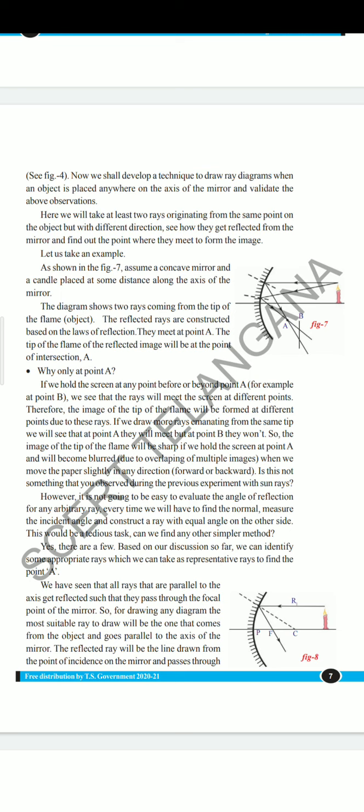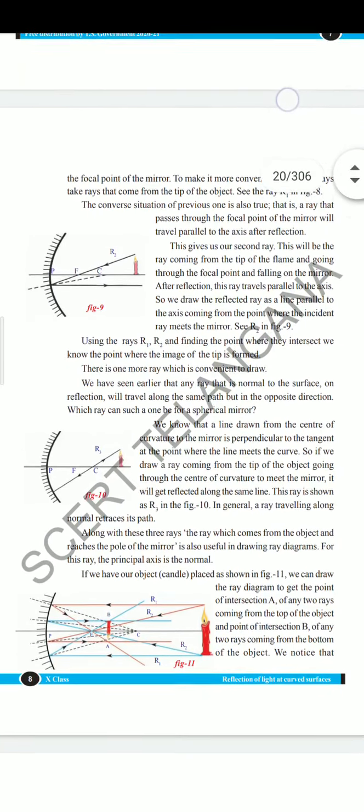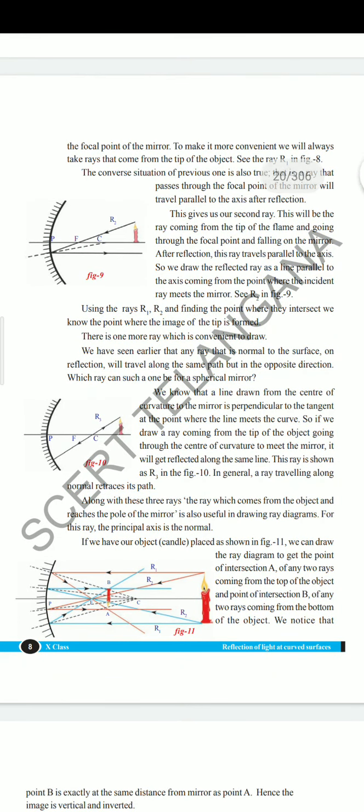The reflected ray will be the line drawn from the point of incidence on the mirror and passes through the focal point of the mirror. To make it more convenient, we will always take rays that come from the tip of the object. See the ray R1 in figure 8.